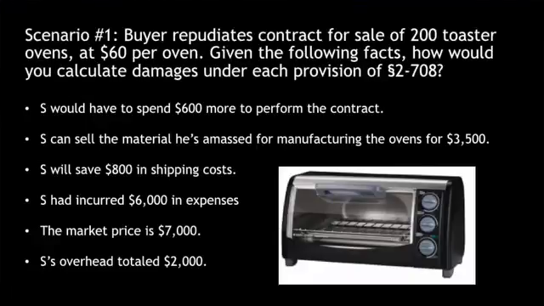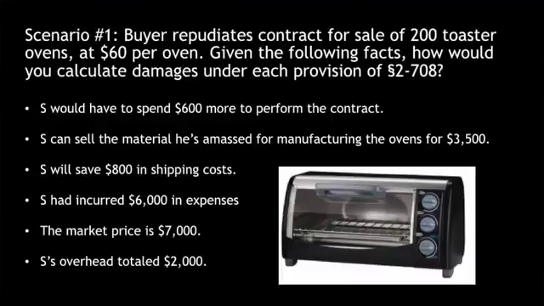The market price for ovens, if completed at the time and place of tender, was $7,000. Smergo can sell the material he's amassed for manufacturing the ovens for $3,500. Smergo will have $800 in cost of shipping the ovens to the buyer if the ovens were completed and sold.